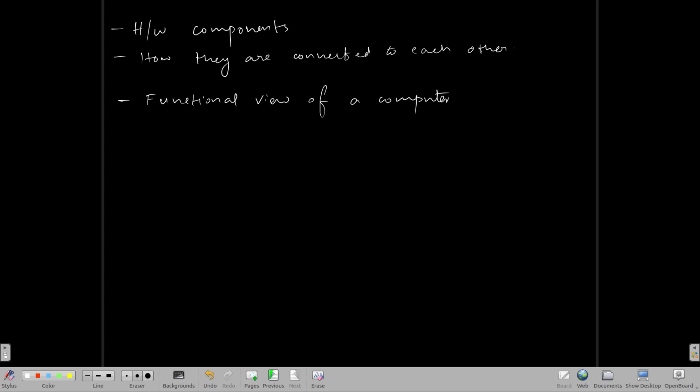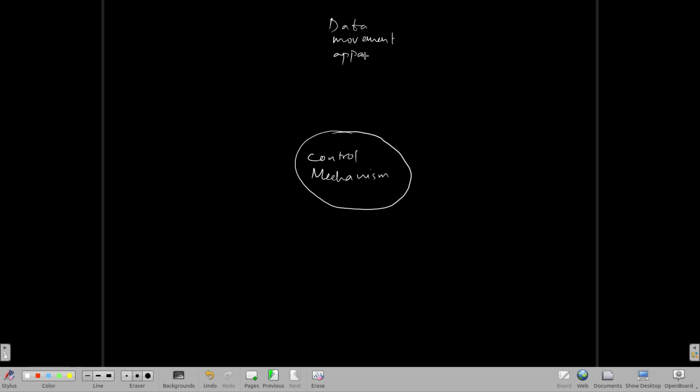Okay, so starting with the functional view, we are dividing our whole complete resources into 4 groups. The first one and the most important one is a control mechanism. Let me draw it like this. Then we have what is called a data movement apparatus.